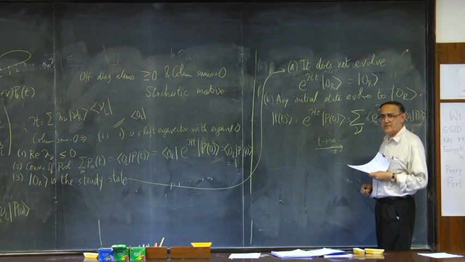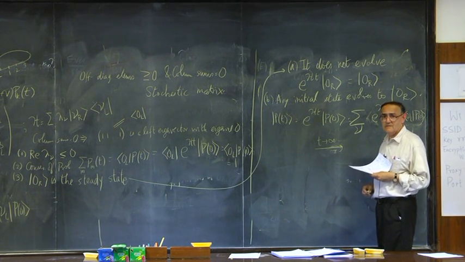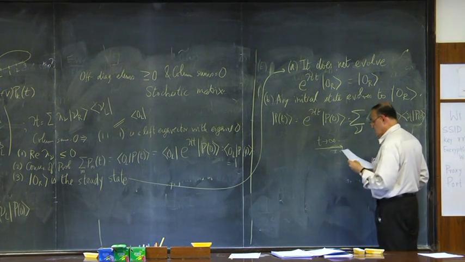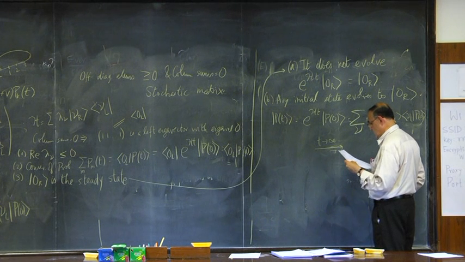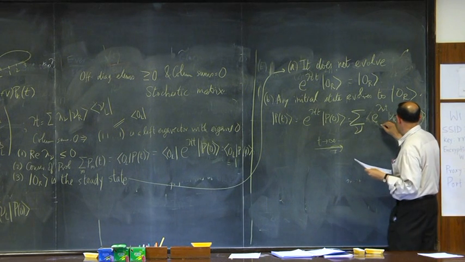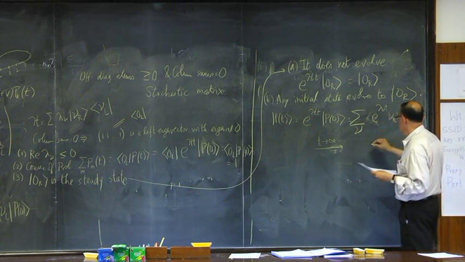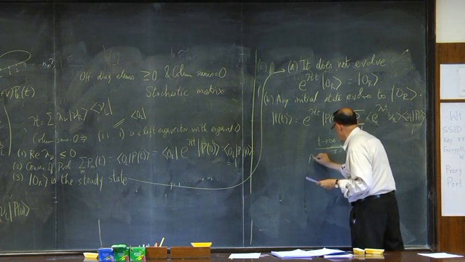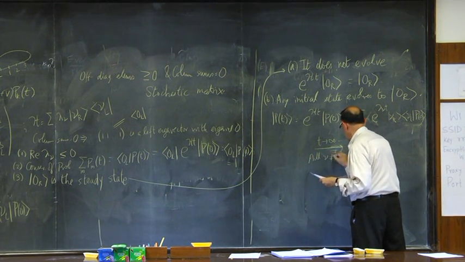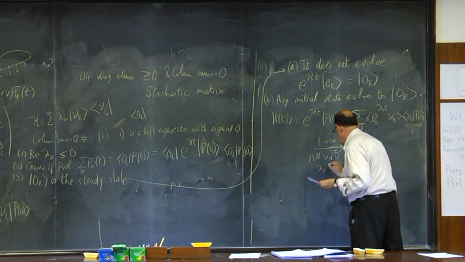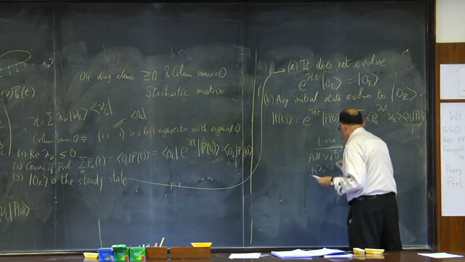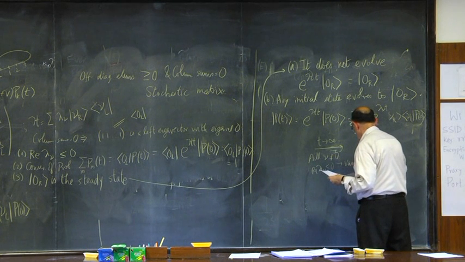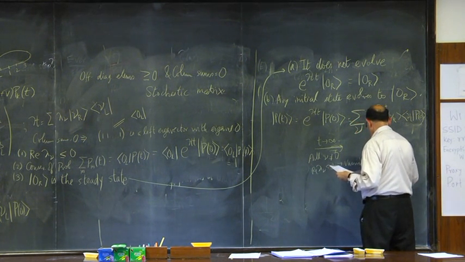Separately, I will prove later that the steady state is unique. There's only one state with eigenvalue 0. So take it as true right now. So all nu not equal to 0 have lambda nu less than 0. So vanishing contribution.